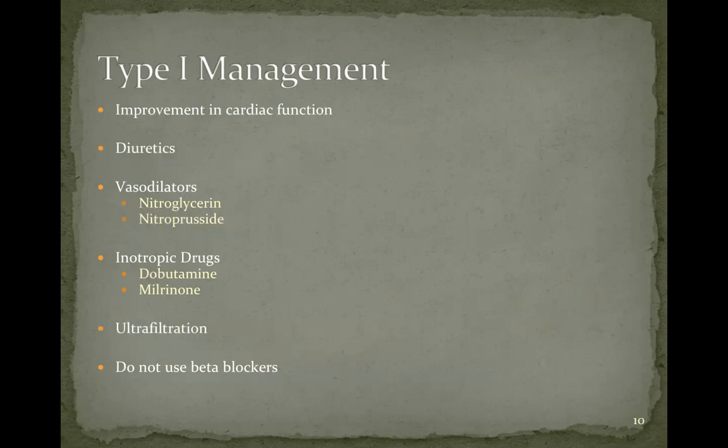If you utilize diuretics, vasodilators, and inotropic drugs, and none of them seem to make a significant effect on your patient, you may have to turn towards ultrafiltration, ask our nephrologist to come evaluate the patient, and see if ultrafiltration is the goal to make these people euvolemic. One thing I want to tell the incoming PGY1s: when you have acute decompensated heart failure or cardiogenic shock, do not use beta blockers, as these can make these types of patients worse.